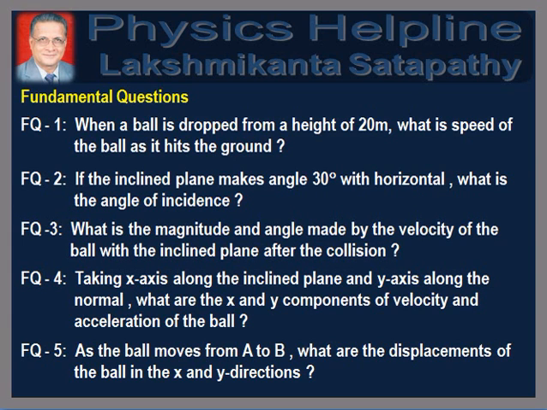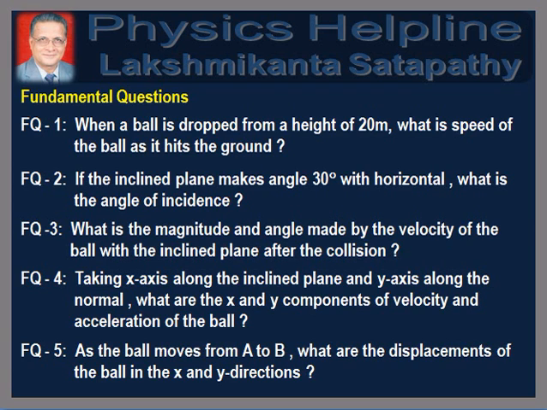Before proceeding to solve the problem, let us ask ourselves a few fundamental questions and answer them, which will produce the solution. Fundamental question 1 is about the velocity attained by a body when it is dropped from a given height.